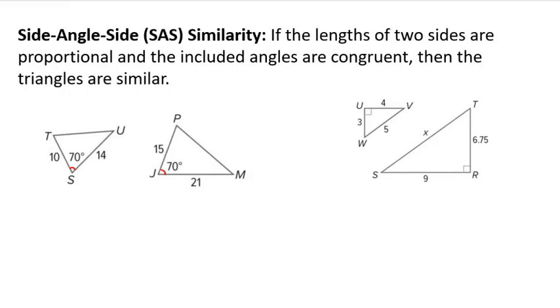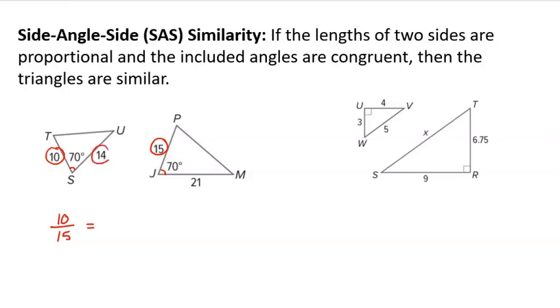And then what we're going to do is we're going to say this is the shorter side and this is the shorter side. So now we're going to test whether these two are proportional. We don't need that third side because we have that angle already set. That means they're not going to be moving around or hinging in any type of way.